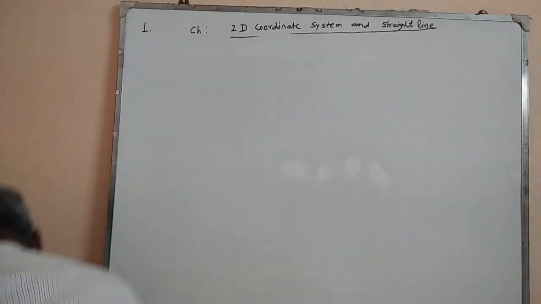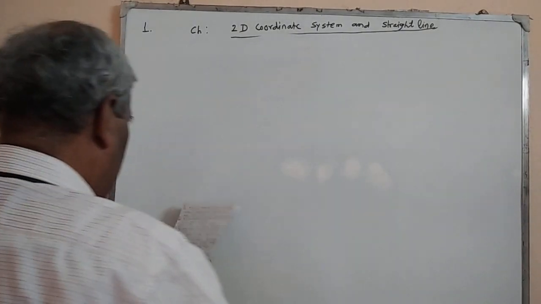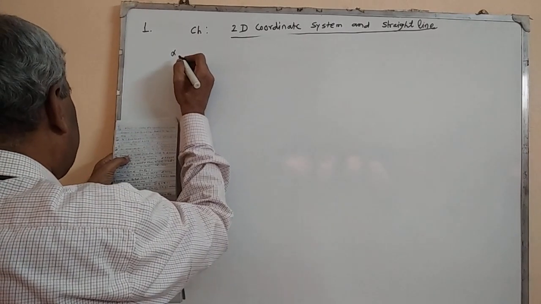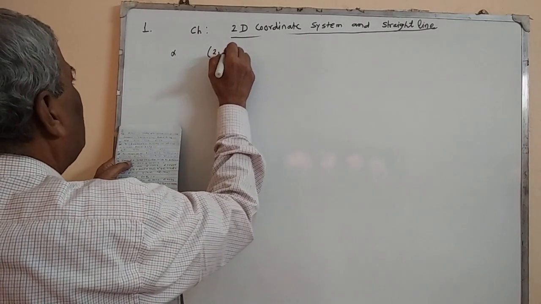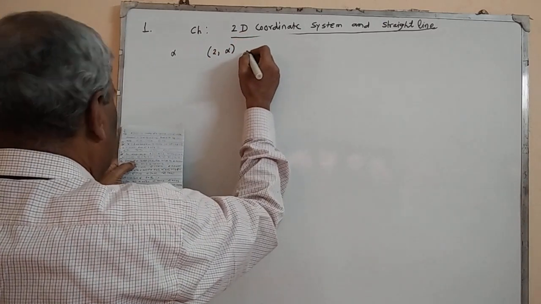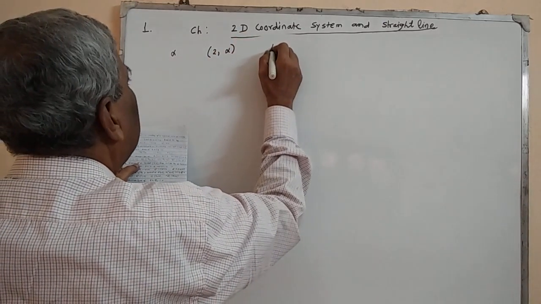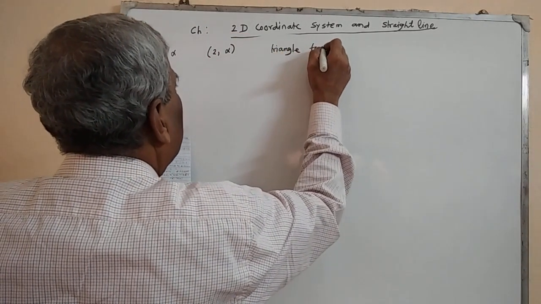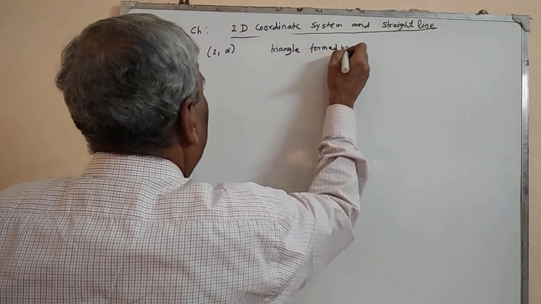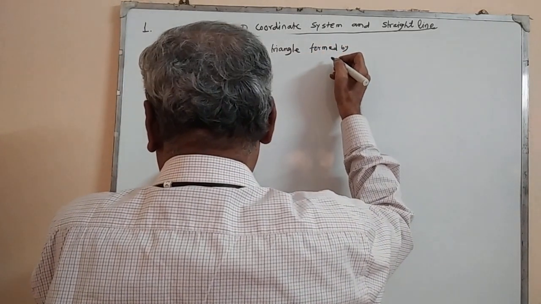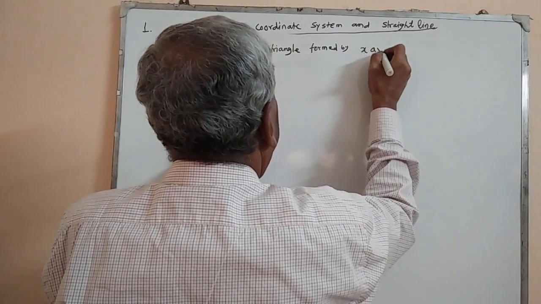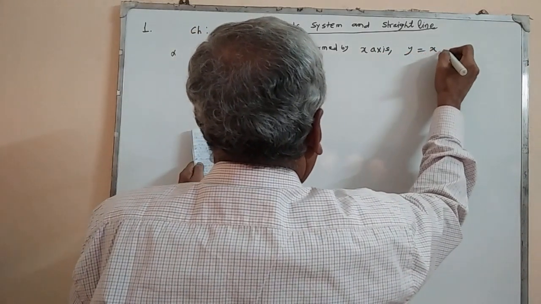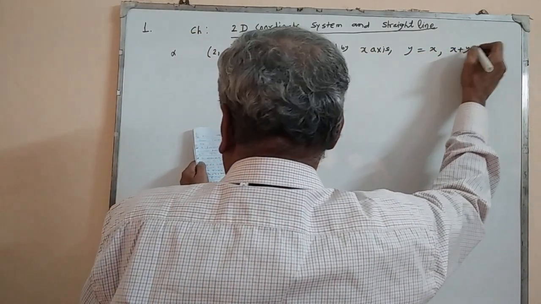The first problem is: the range of alpha so that (2, alpha) lies inside the triangle formed by the x-axis, y is equal to x, and x plus y is equal to 12.